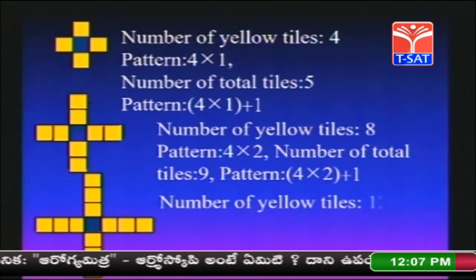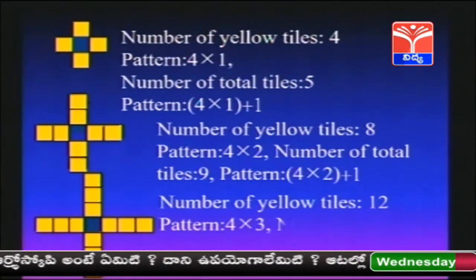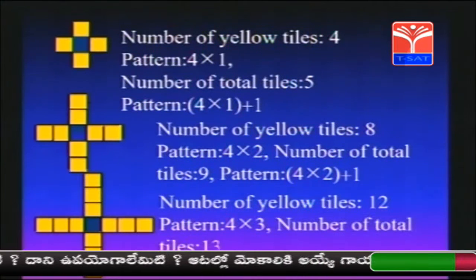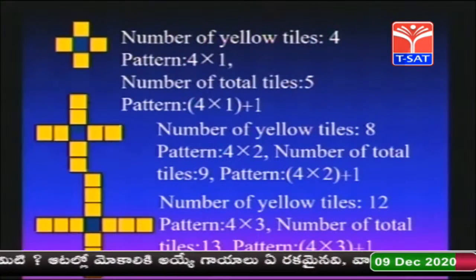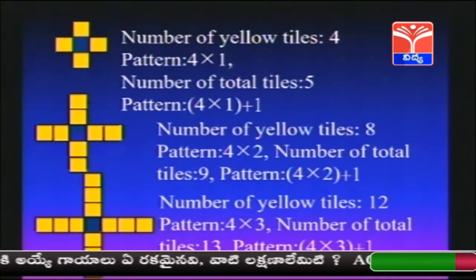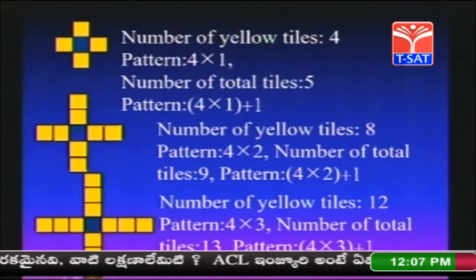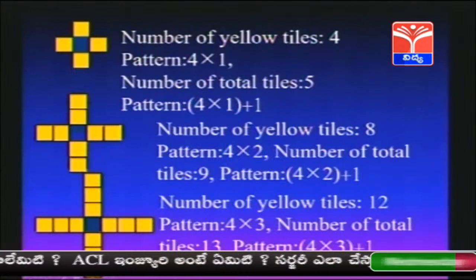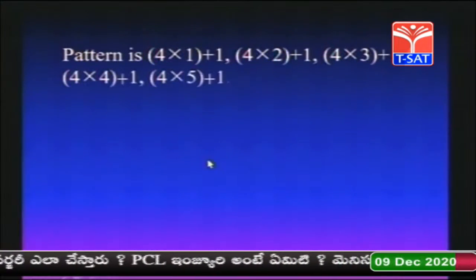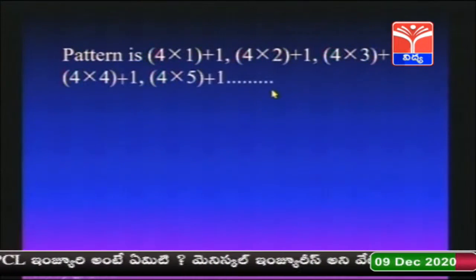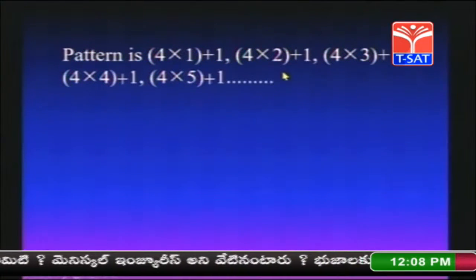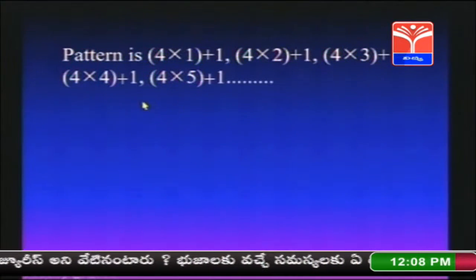The number of yellow tiles is 12, the pattern can be written as 4 into 3, and the number of total tiles is 13, whose pattern can be written as 4 into 3 plus 1. So that is 13 tiles. The patterns, as we have seen, are 4 into 1 plus 1, 4 into 2 plus 1, 4 into 3 plus 1, and so on.